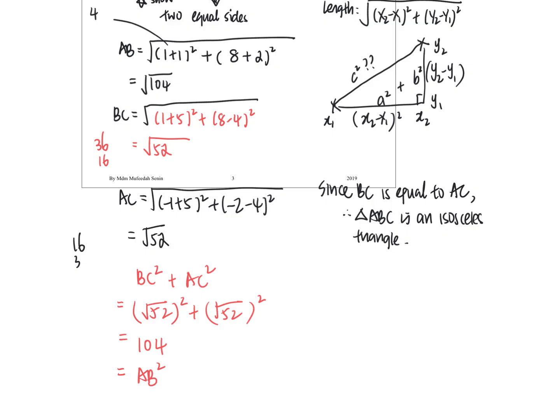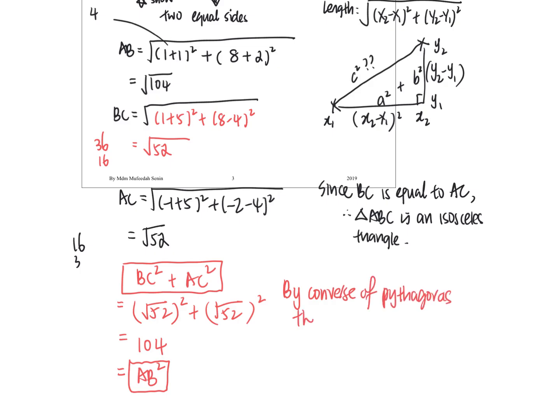Can you see that? So since you have proven that the sum of the square of the 2 other sides is equal to the square of the hypotenuse, by converse of Pythagoras theorem, we have proven that triangle ABC is a right angled triangle.